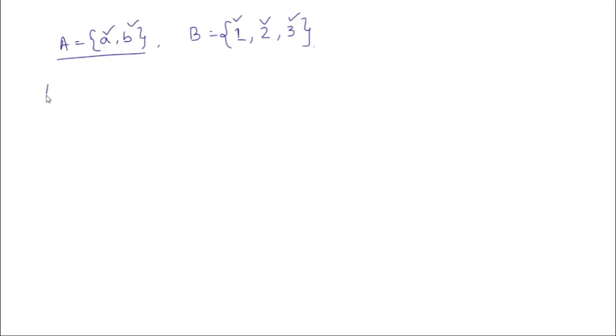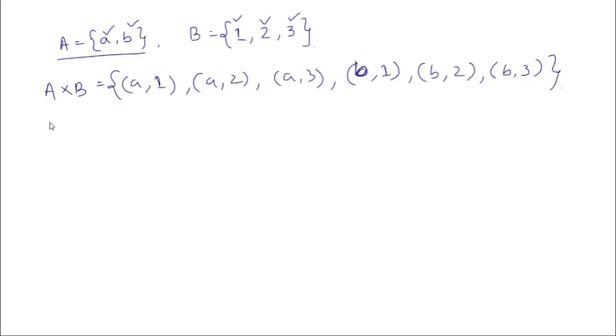So what will be A cross B? I will pick the elements of A first and pair them with all the elements of B. This is my A cross B.